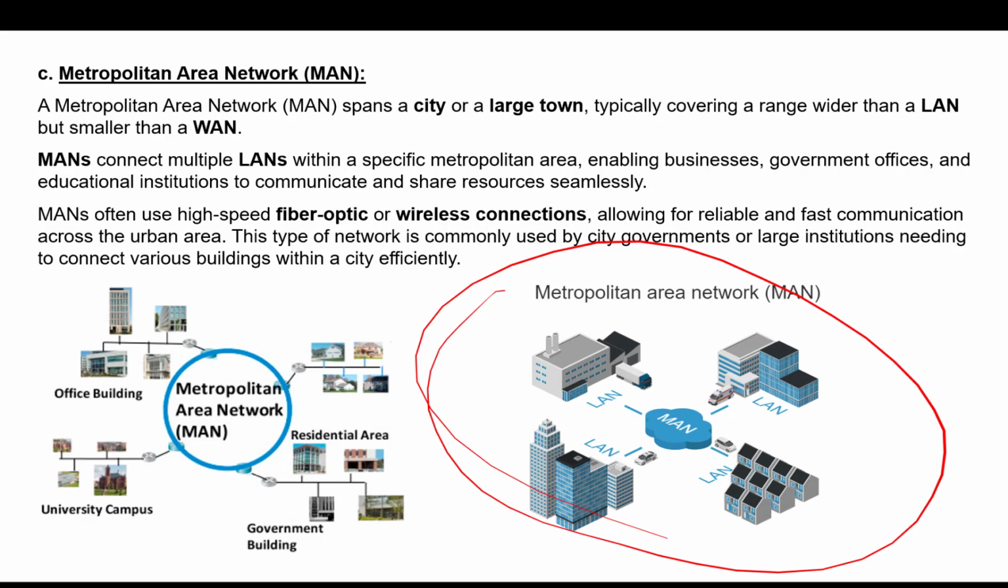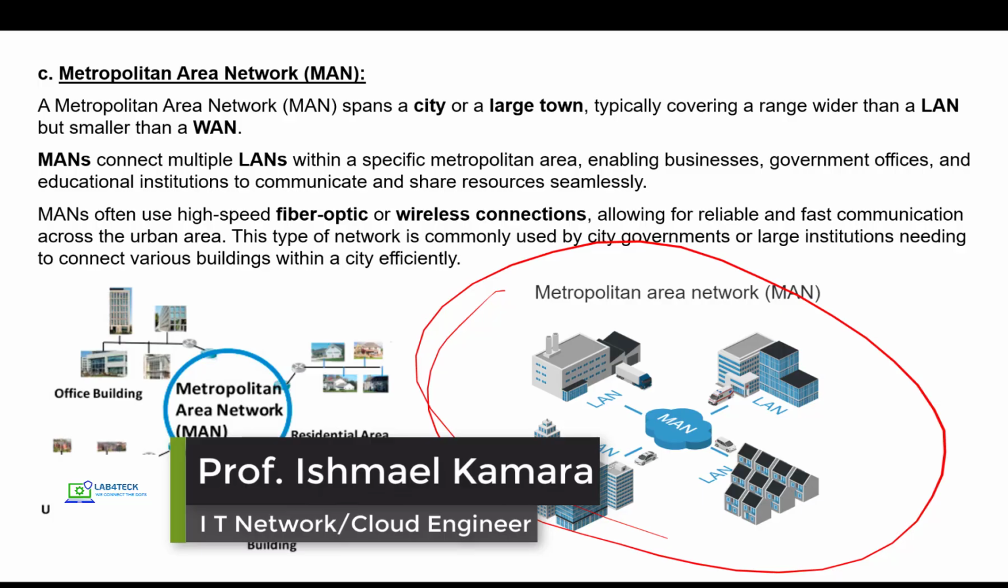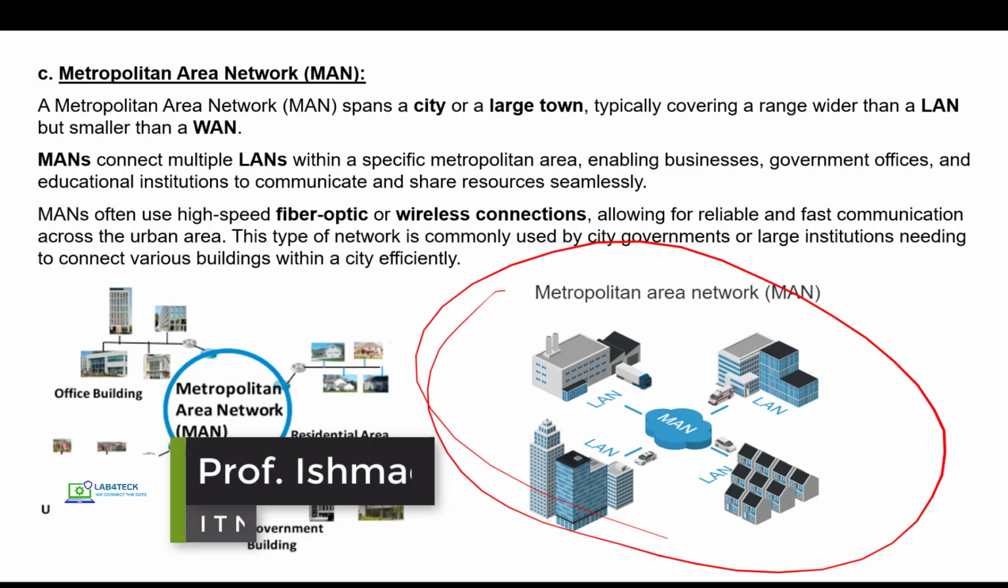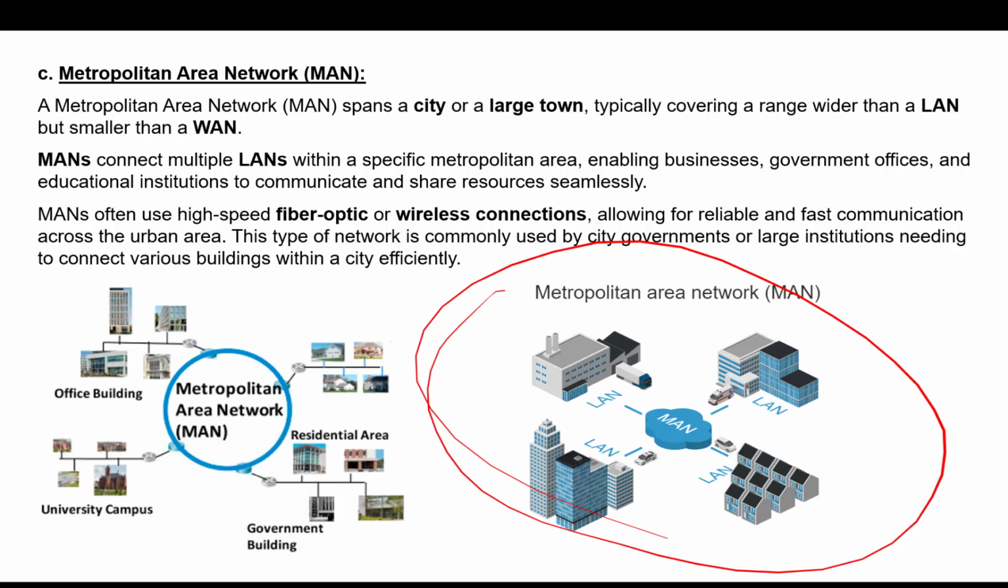If you are in Bo monitoring your business in Freetown, it is one connection. But if you are in Freetown monitoring your shops or factory within Freetown, that Freetown area, that is now Metropolitan area.